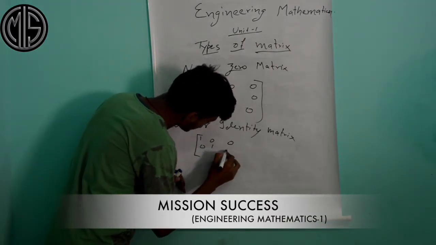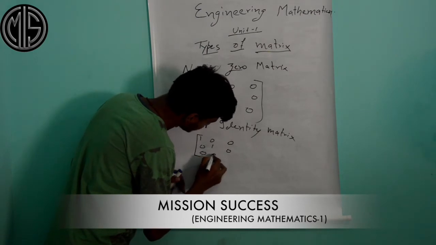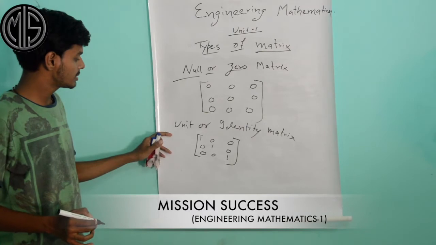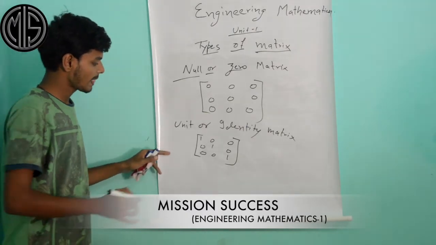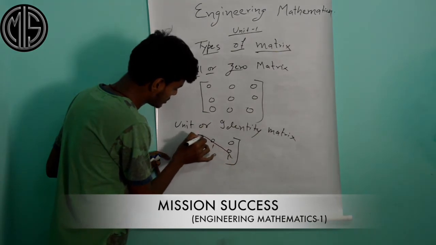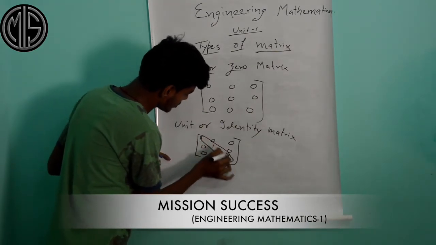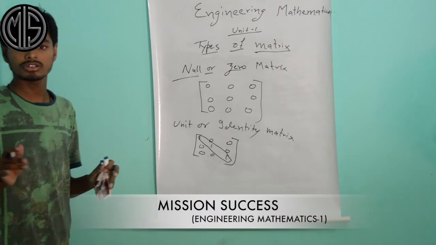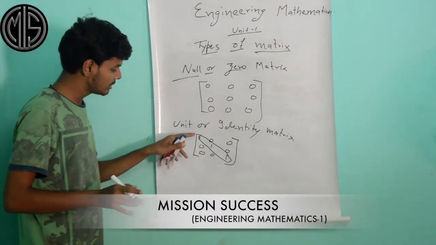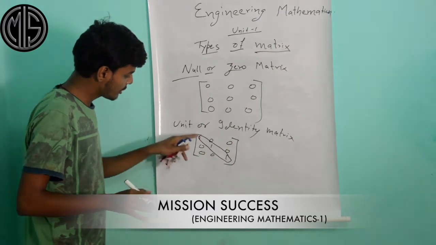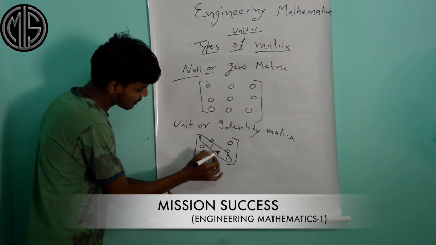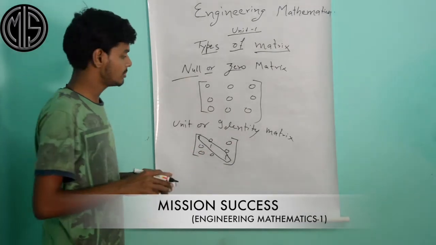It is also a diagonal matrix as well as a scalar matrix, but a matrix which has only ones diagonally is called a unit matrix. I think you understood these things. Unit means 1. Here we can see 1, 1, 1. This is called a unit matrix.